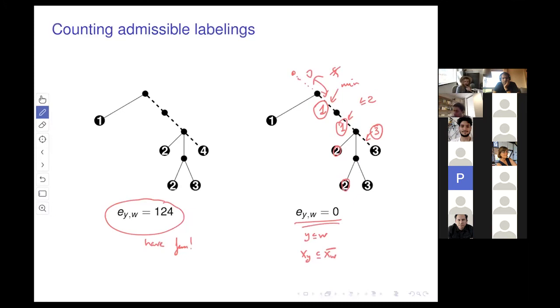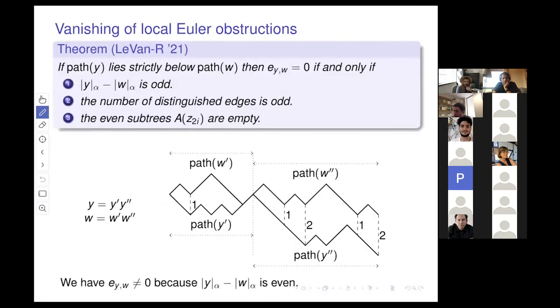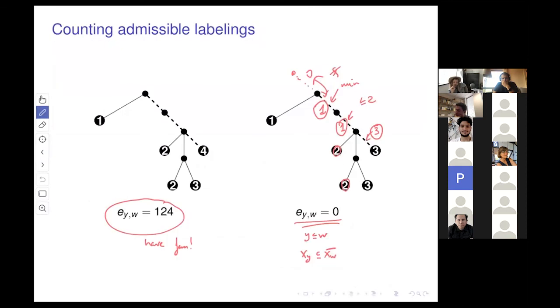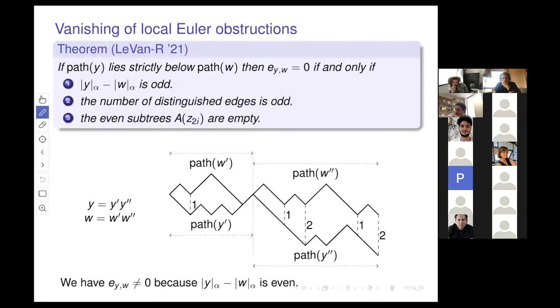Okay. And so once we understand that these local Euler obstructions count the number of admissible labelings, then the question is to understand when they're 0, this limiting case, which is to understand when a diagram like this has no admissible labelings.